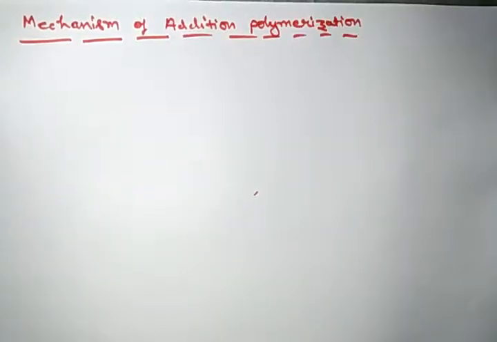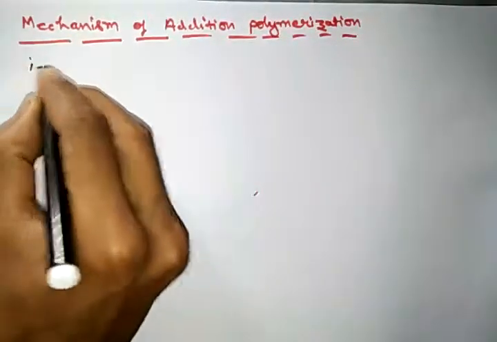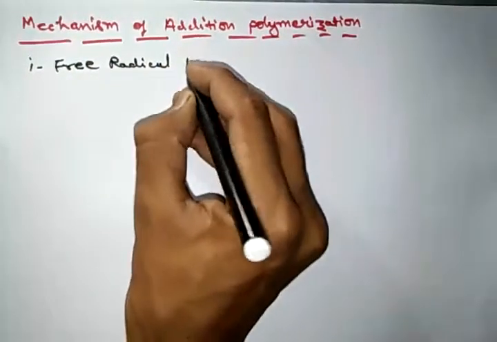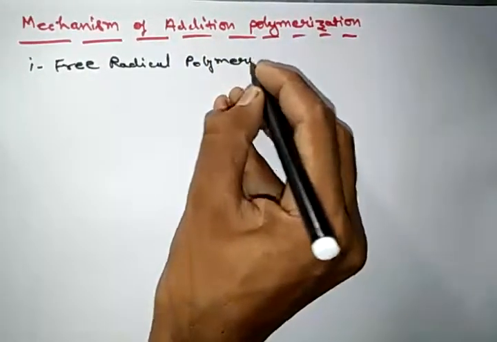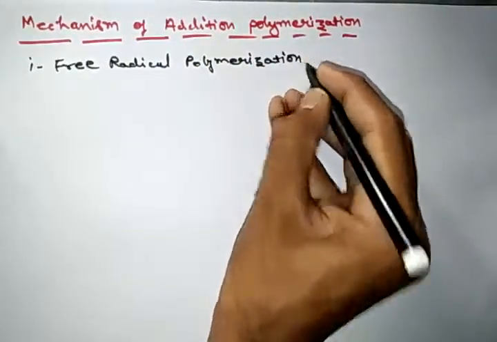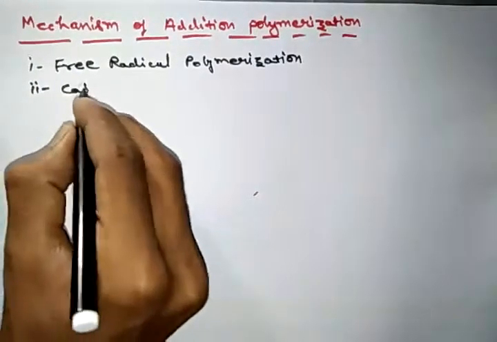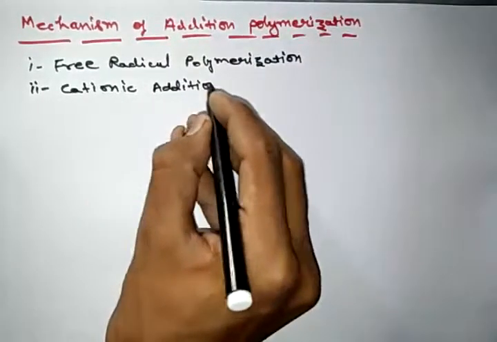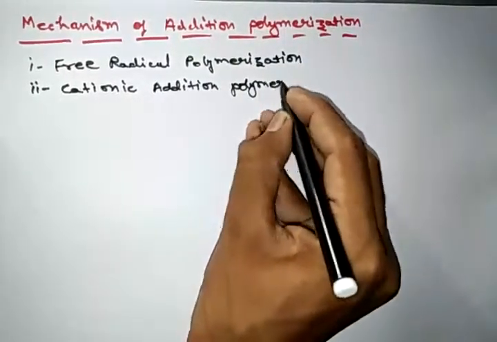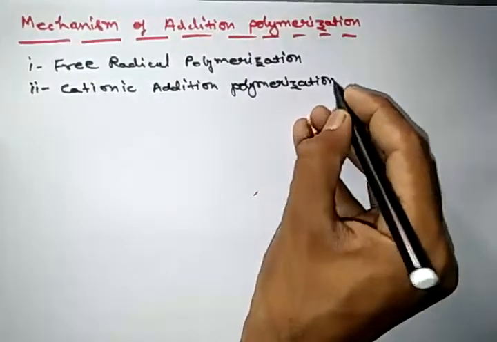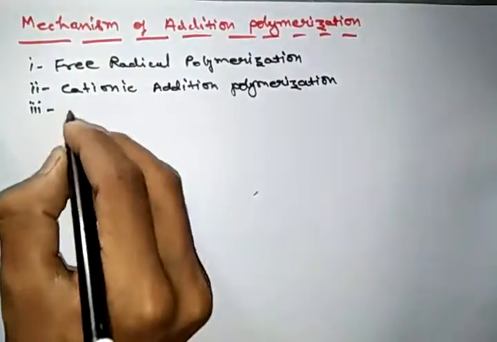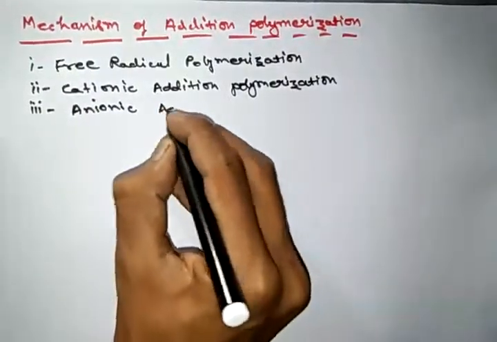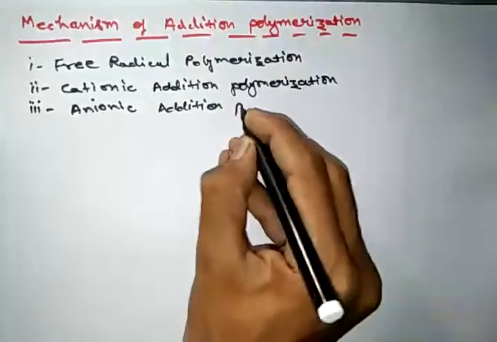And these three mechanisms are: first is free radical polymerization, second is cationic addition polymerization, and last is anionic addition polymerization.